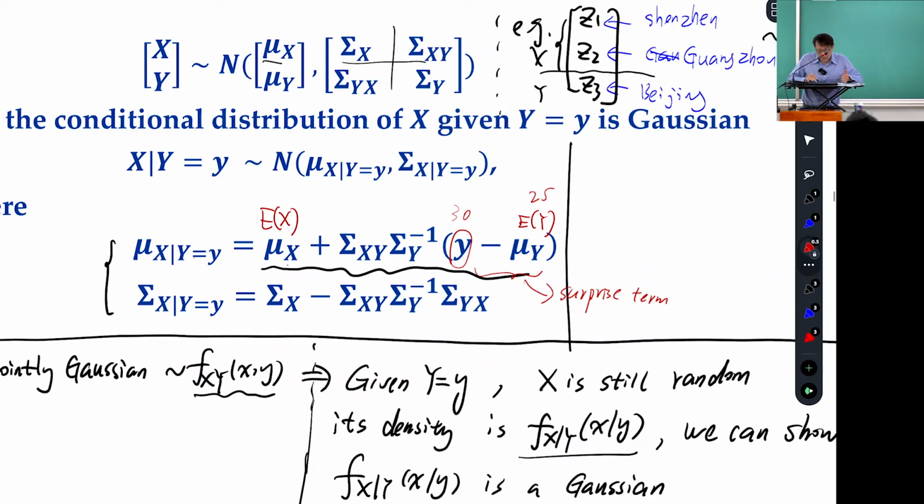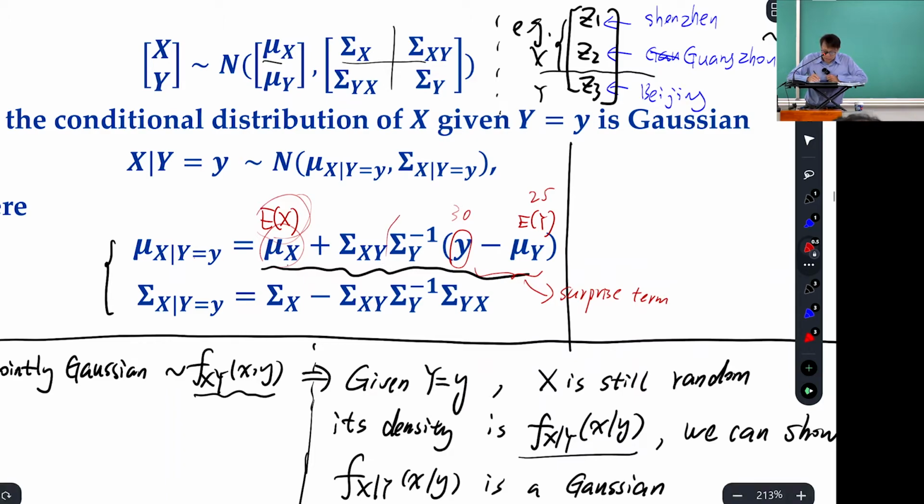How does Y's surprise get translated to your belief about X? So I know X is typically about this, right? That's on average. Today I know Guangzhou is above its average. If we are positively correlated, that means I will somehow have a surprise effect added up to the expectation of X as well, okay?